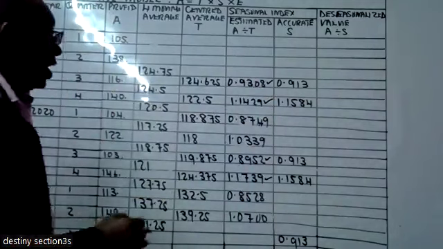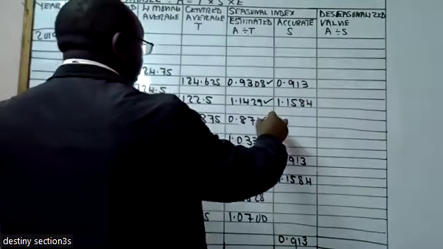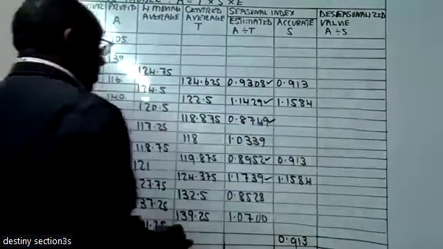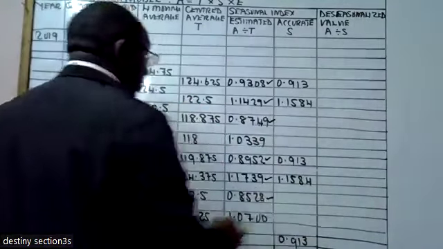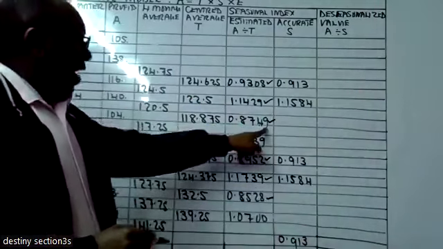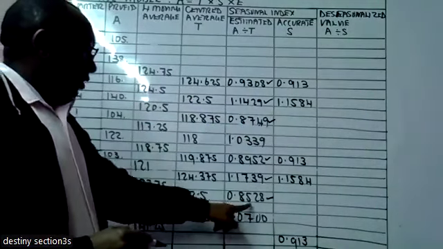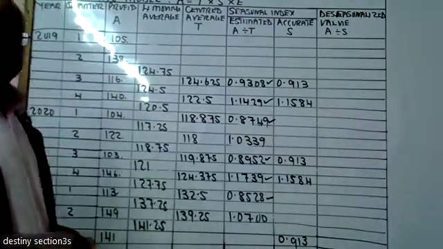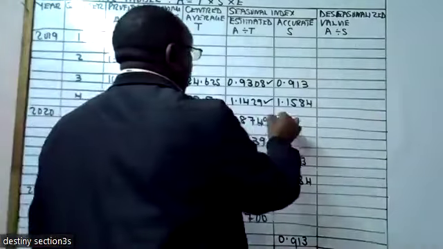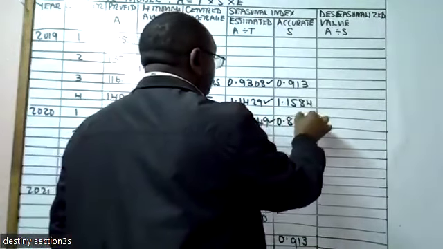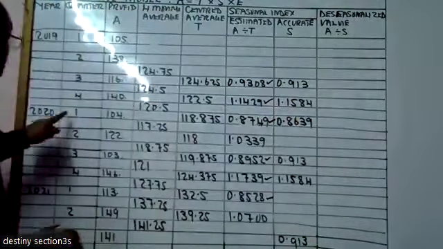Now this other one, for quarter 1. So take this one and this one: 0.8749 plus 0.8528. Divide the answer by 2. 0.8639. So here it corresponds to quarter 1.